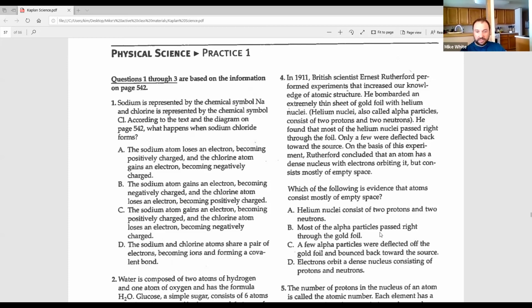But the correct answer is actually B, not C, because of the way it's worded. It says most of the particles passed through, which implies that most of the atom is made up of empty space. Does that make sense, kind of? So even though B and C are very similar, just the way that it's worded makes B the better choice, according to the GED, right?